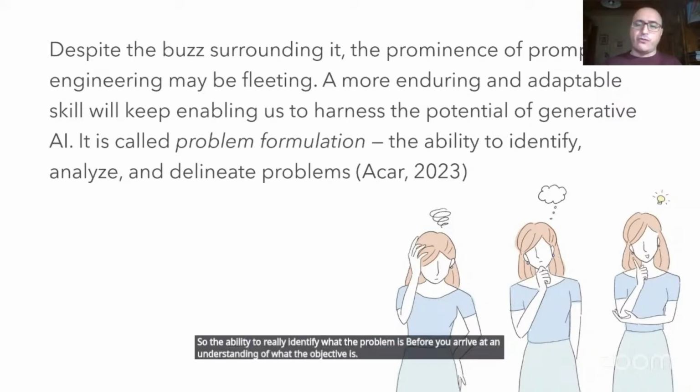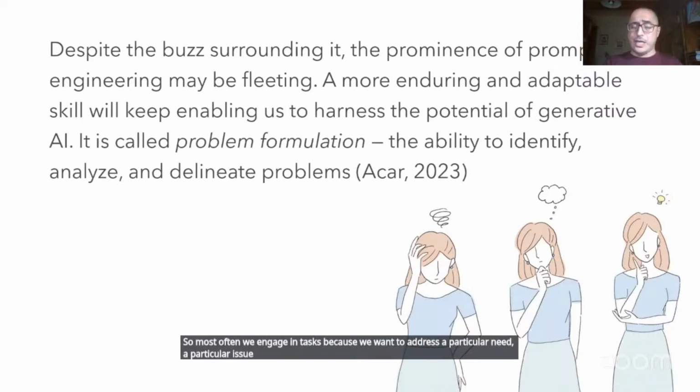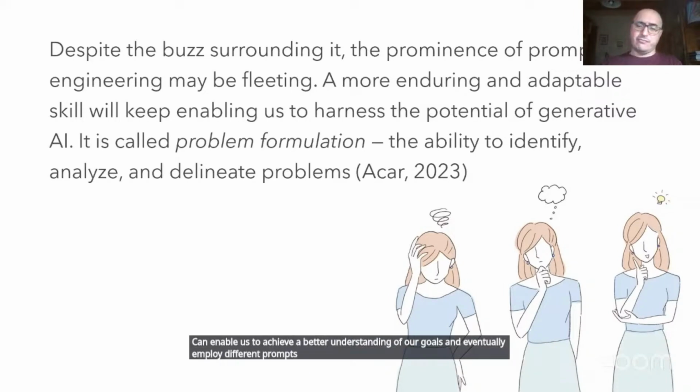Most often we engage in tasks because we want to address a particular need, a particular issue, a challenge that we might have. Knowing what the problem actually consists of and being able to articulate it can enable us to achieve a better understanding of our goals and eventually employ different prompts in a more effective manner.